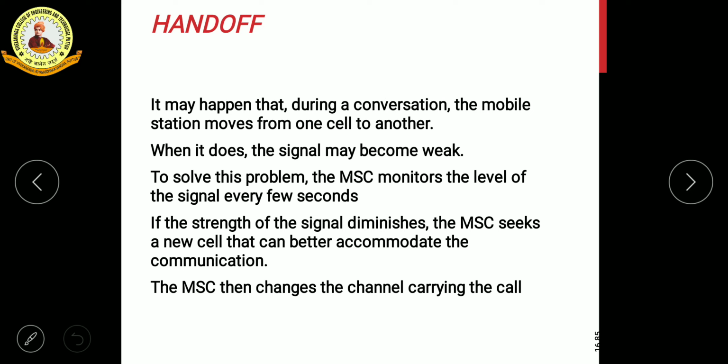The MSC then changes the channel carrying the call. So it always monitors the signal level, and whenever it is diminishing, the channel carrying the call is shifted to another base station. That is how handoff takes place.